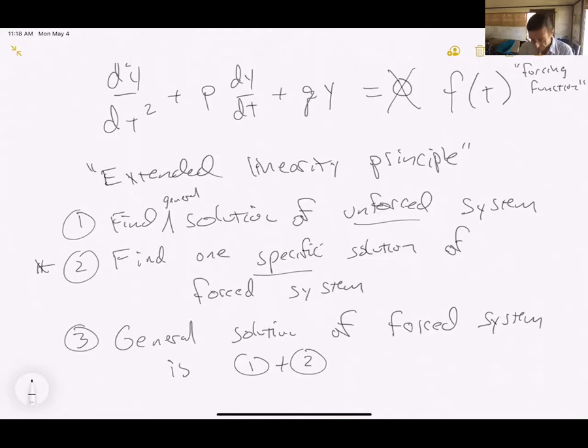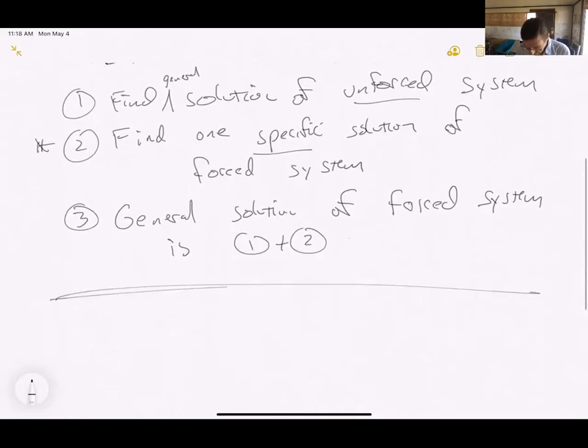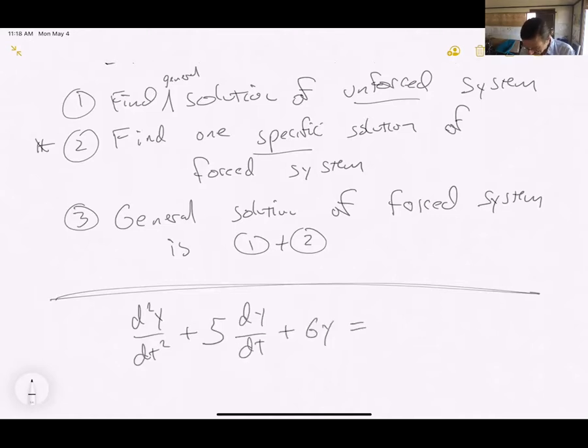Right? So let's go through it. So the first system we're going to start with, if you want to follow along, is the system on page 394 of the book. So it's d squared y dt squared plus 5 dy dt plus 6y equals, and the forcing function is e to the minus t.